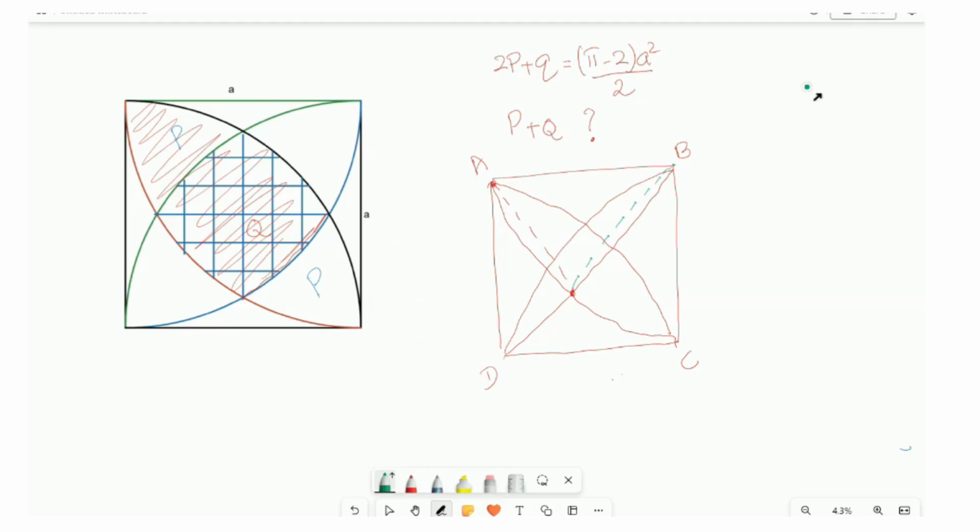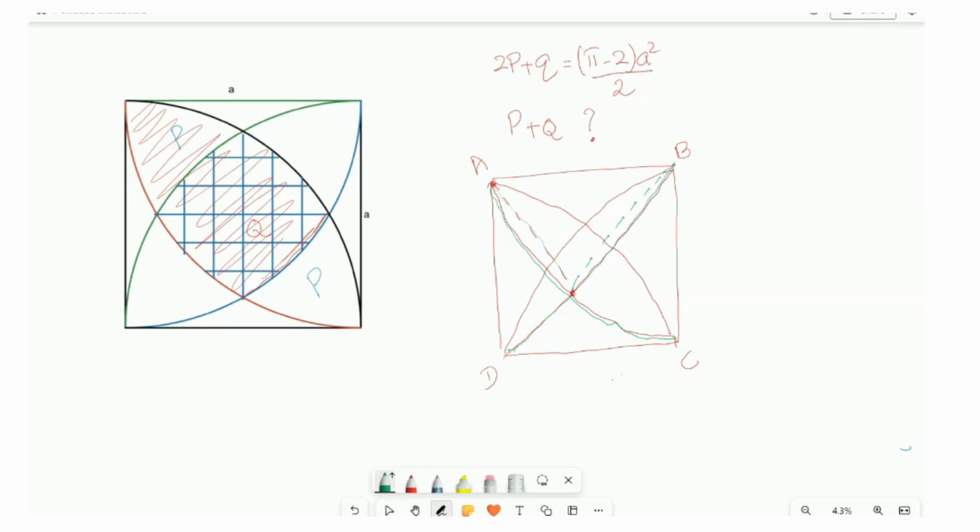So this red line is the radius of this circle. This one is the radius of this circle.